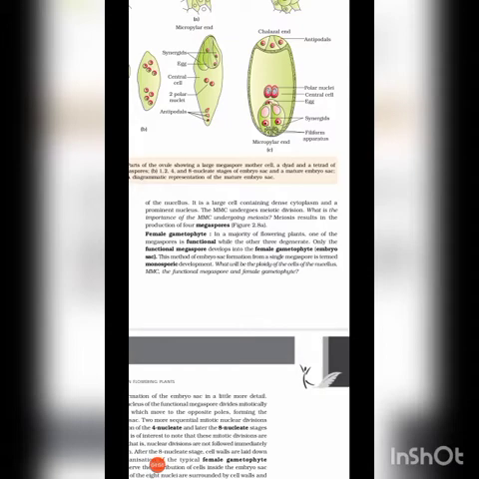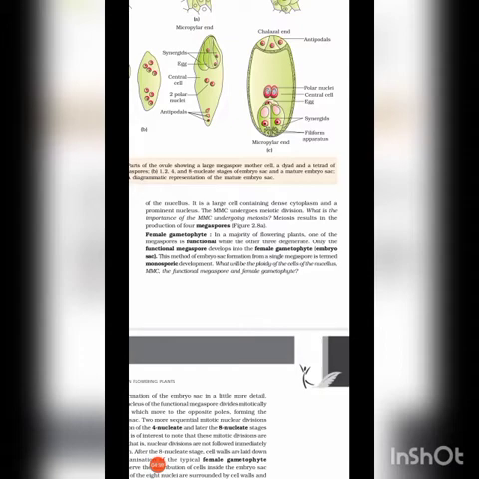But in this case, only one will be functional, and the other 3 will degenerate. The functional megaspore develops into the female gametophyte or embryo sac. So in this method, the megaspore mother cell undergoes meiosis and produces 4 megaspores, 3 of them degenerate, and only one becomes functional, which develops into the female gametophyte, or embryo sac.